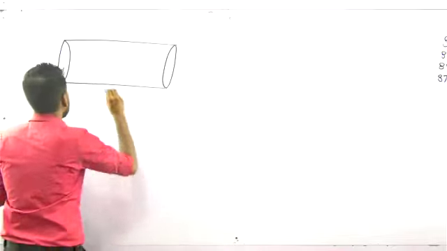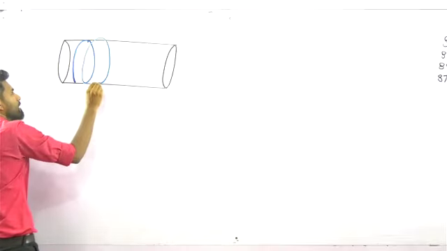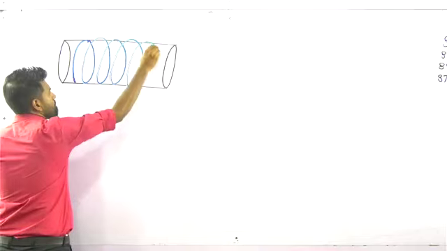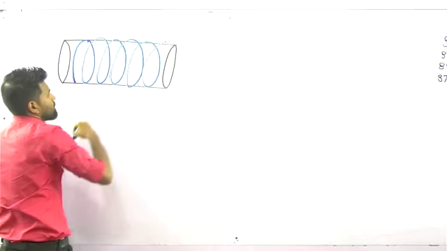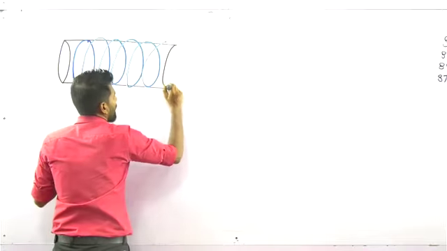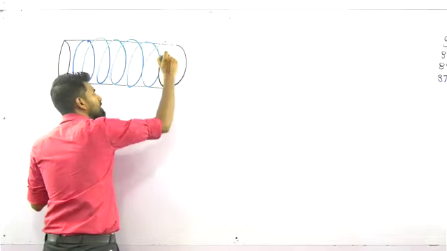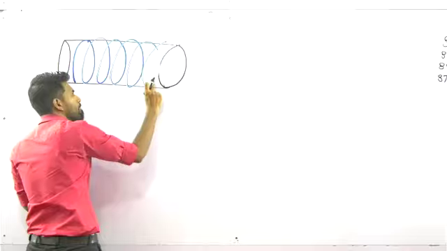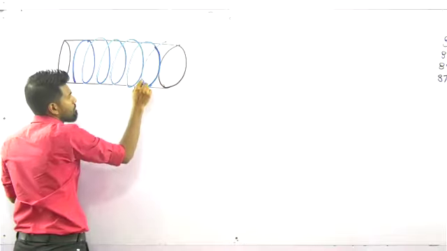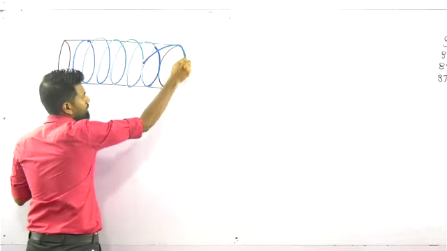Here, see, you can keep so many rounds of the string around it. It's a long disc. It's a cylinder. Know these things. So at the final moment, when the final round is passing, it's the same behavior as a disc. Here, in the final round, it comes like this.